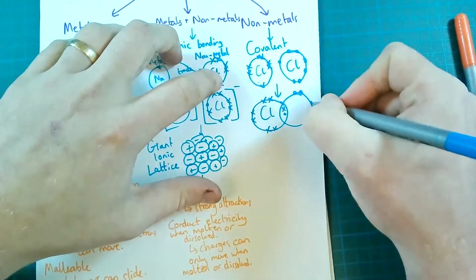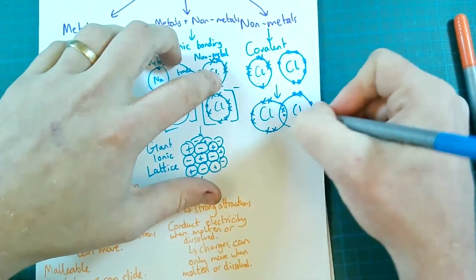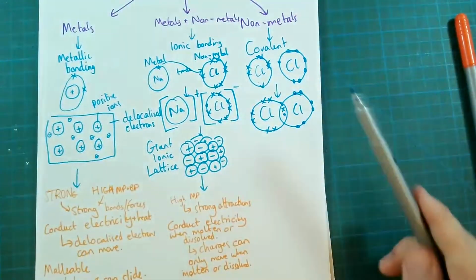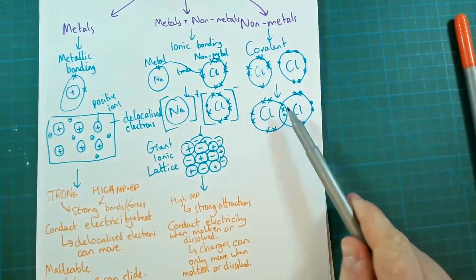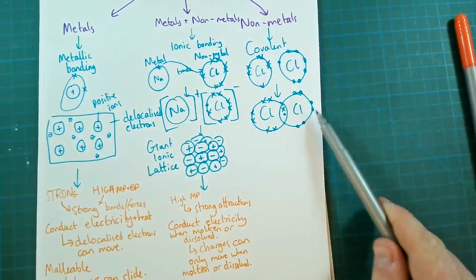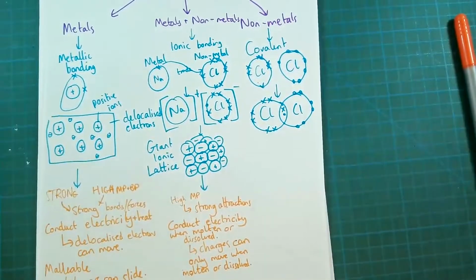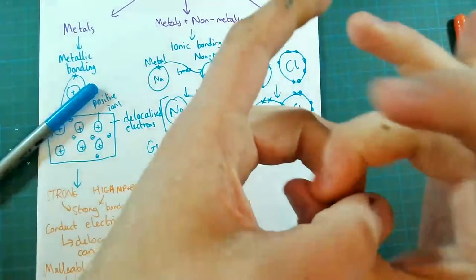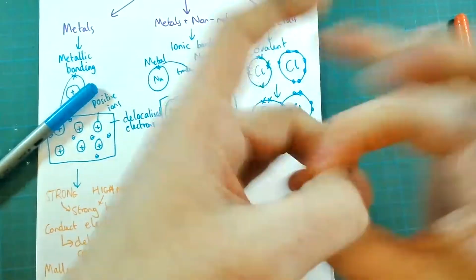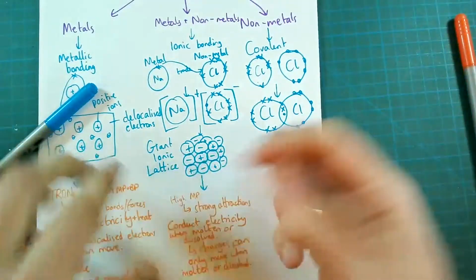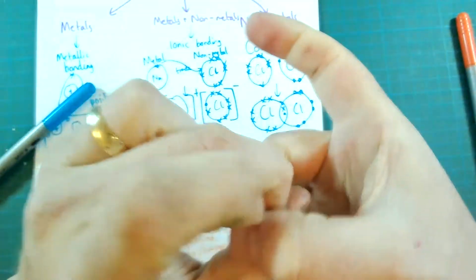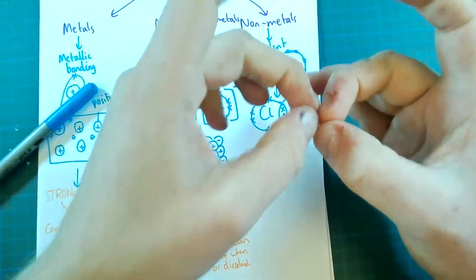It's like a Venn diagram in maths, where the thing counts for both. So I've got 1, 2, 3, 4, 5, 6, 7, 8, and on this side, 1, 2, 3, 4, 5, 6, 7, 8. They've both got a full outer shell. This is much more of an actual physical linkage. They've actually overlapped. Whereas here, we're just talking about positives and negatives sticking to each other. Here you can see how they're bonded together because there's an overlap.